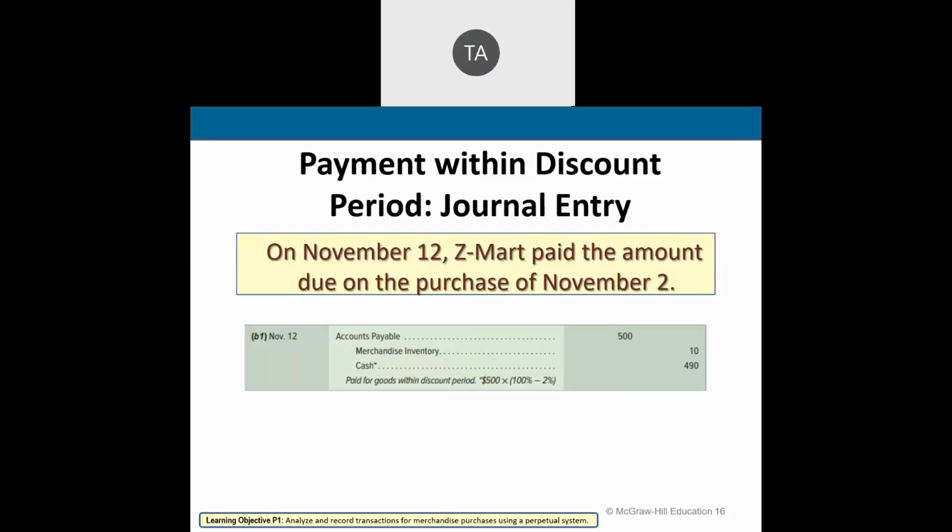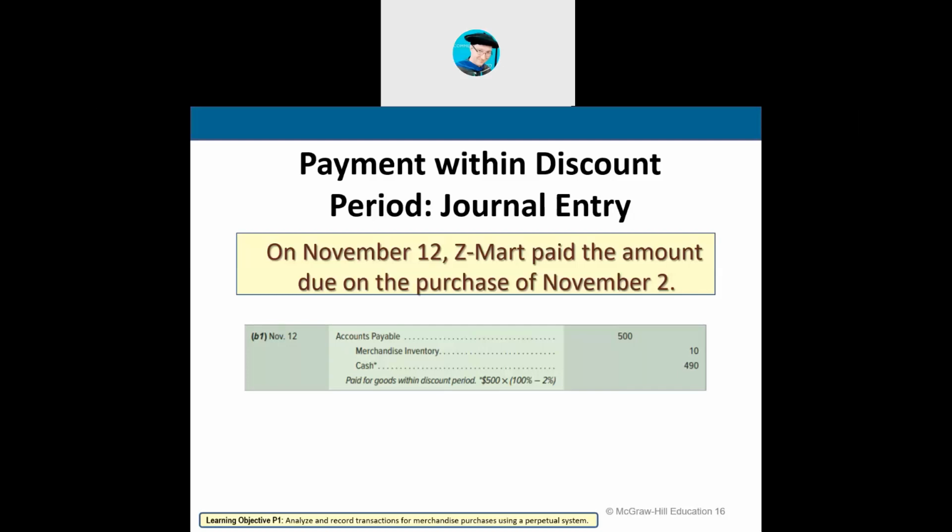Question. Yeah, go ahead, Tyler. Okay, so this part confused me. It makes surface sense, but why am I decreasing the cost of the inventory that I paid for if I still paid a set amount? Where else are you going to take the discount out of? Think of it this way, that's a good point, Tyler.